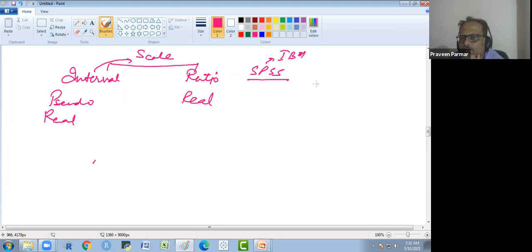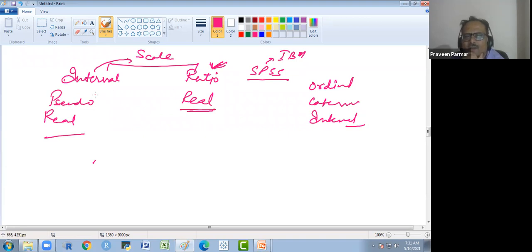There are three options it provides: ordinal data, categorical data, and the third one is the interval data. It does not ask about the ratio data, because the interval has the pseudo and real both. So don't go to the ratio. Just be careful about the pseudo or the real. For interval it says scale data. Scale data is interval and ratio both. So we generally use interval scale instead of real, which is the ratio scale.